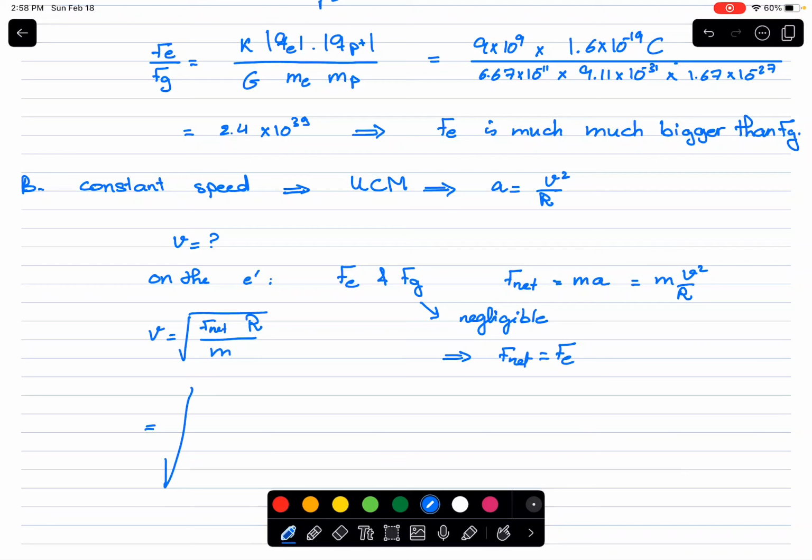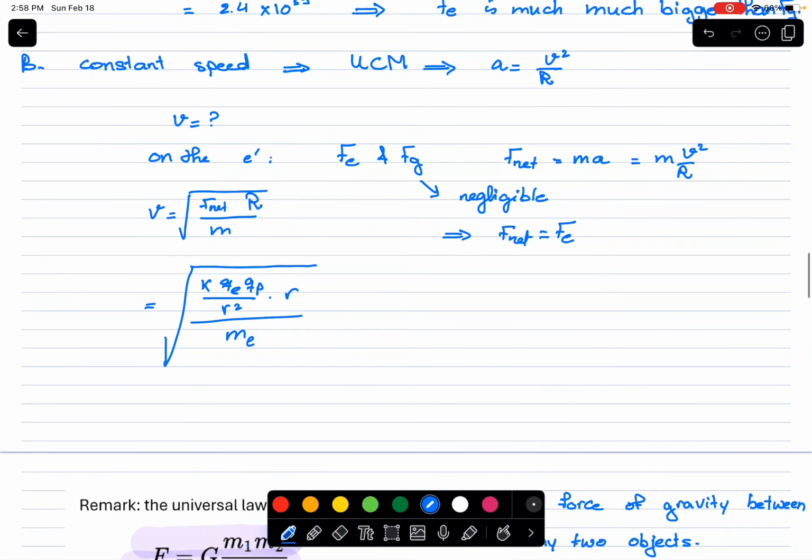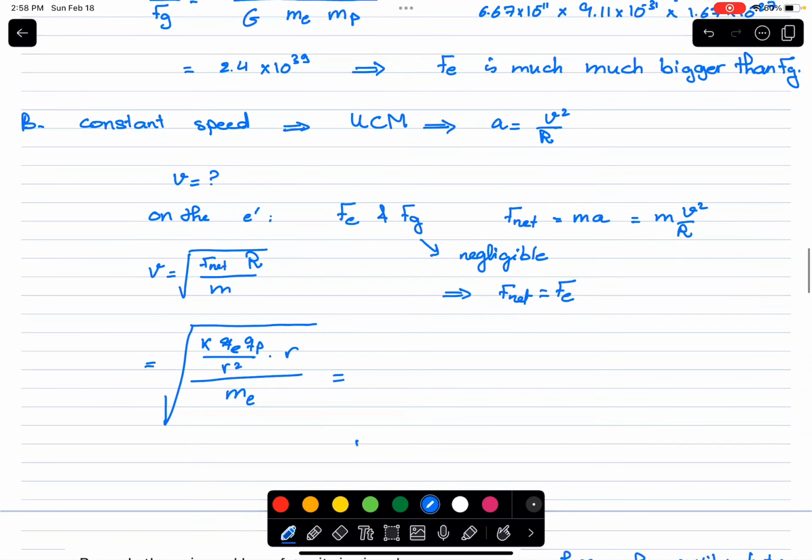So actually we can now substitute F net by the electric force only, which is K QE, Q of the proton, over r squared, times r again over m. Of course here m is for the electron, so the rest is actually just some substitution. We will get here, if we substitute our values, 9 times 10 power 9, then QE and QP are the same, so I'll have 1.6 times 10 power minus 19 squared over, you can see how r here cancels with r squared.